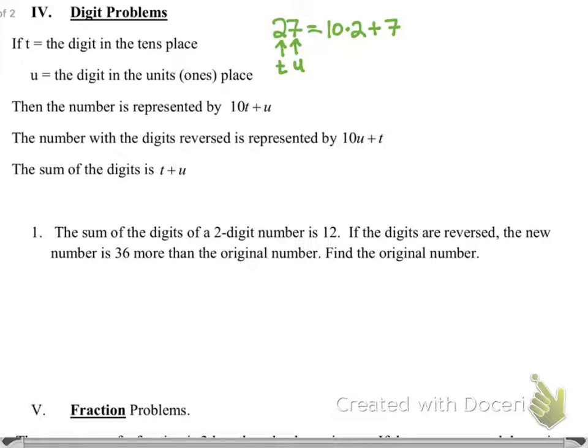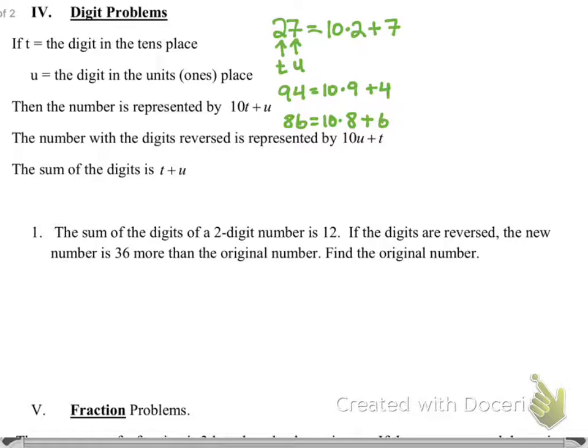So even like 94, we say 90 because you're doing 10 times that 9 to get the 90, and then you're adding 4. 86, we say 80 because we're multiplying that 10 by 8 and then adding 6. So hopefully you see this pattern.